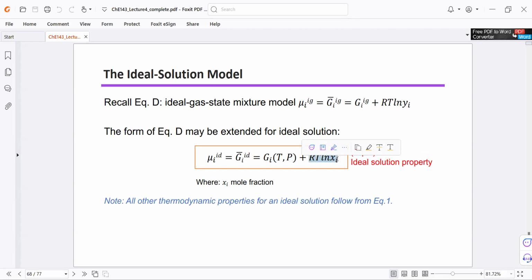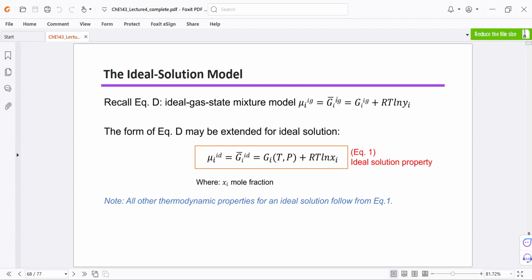And the second term shows the composition dependence due to the entropy, or entropy increase due to the random intermixing of the molecules of different species. I forgot to tell you that in the introduction of today's lecture.